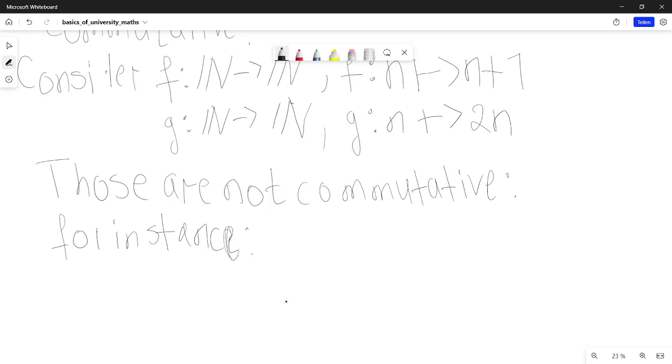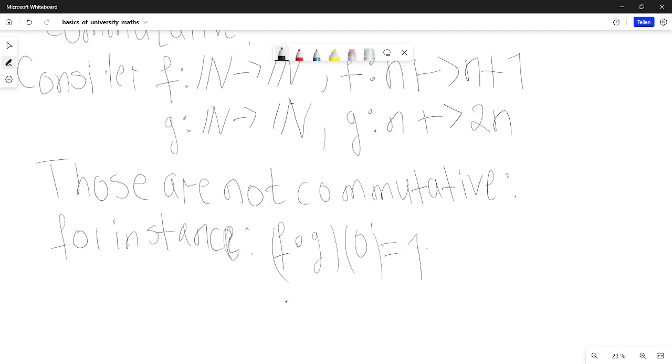F composed with G applied to 0. Well, the definition of composition is just G applied to 0 and F applied to the result. G applied to 0 is just, well, 2 multiplied by 0 is 0, and F applied to it is just 1, right? If you could not follow it through, then just write it down properly.